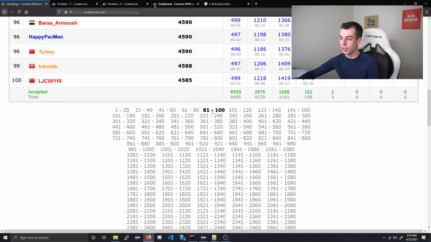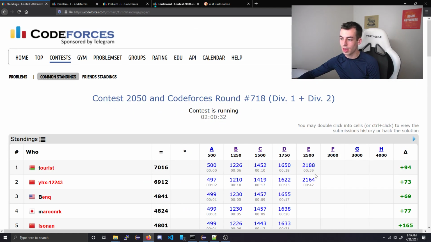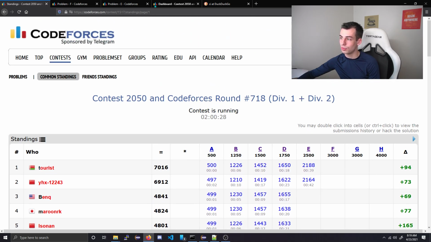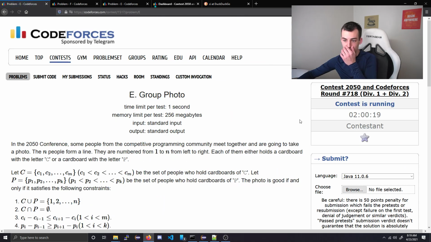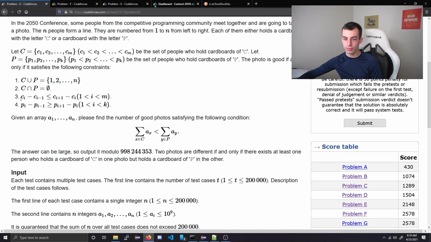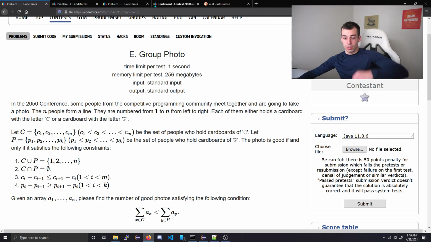The thing with E, okay, E's got some solves. The thing with E is that I don't think there are many ways of doing it. Like the condition is pretty stringent, I think. Okay. What is this saying here? So the C's get more spaced out.